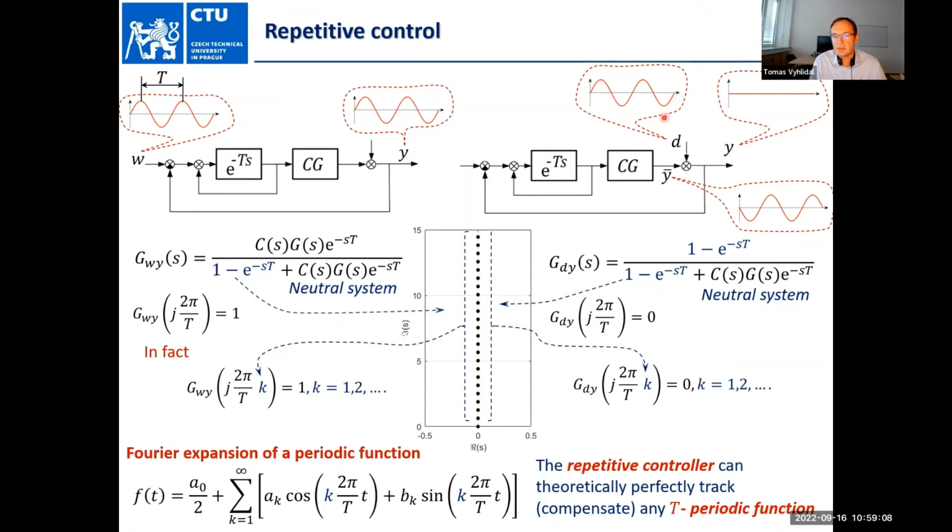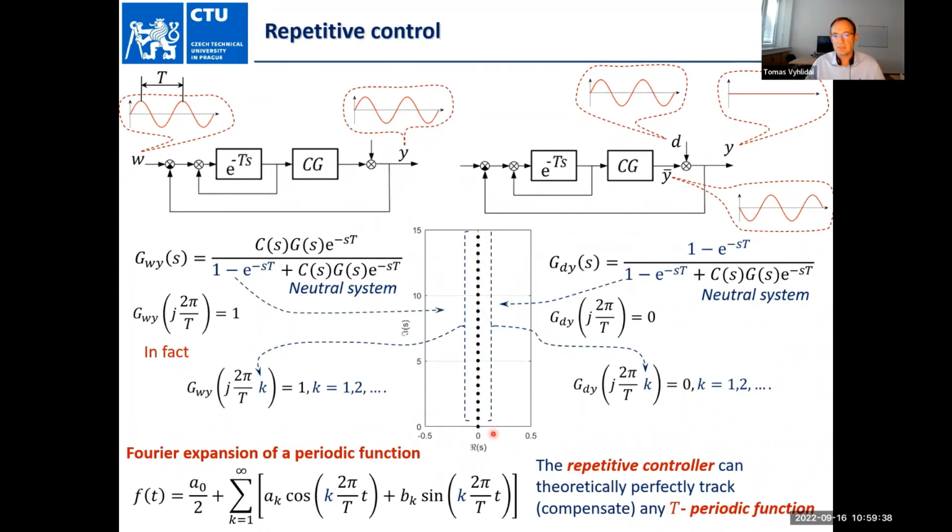Here I illustrated it on harmonic functions, but in fact, in this ideal repetitive controller, we have infinitely many roots on the imaginary axis, and if you look at the Fourier expansion of a periodic function, theoretically we can handle any periodic function, for example sawtooth or step-like functions.